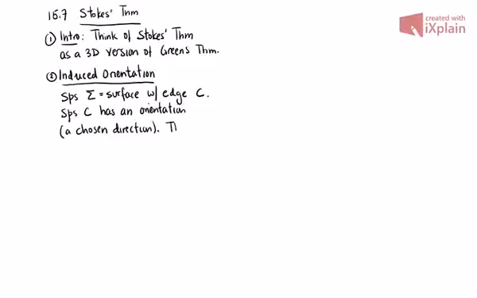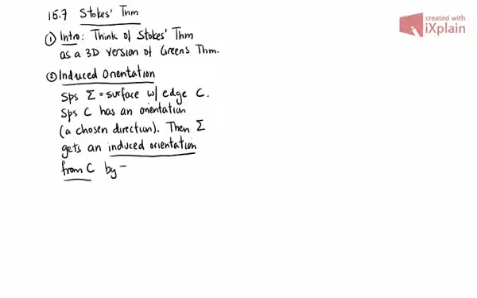Then sigma gets what's called an induced orientation from C by the right-hand rule.